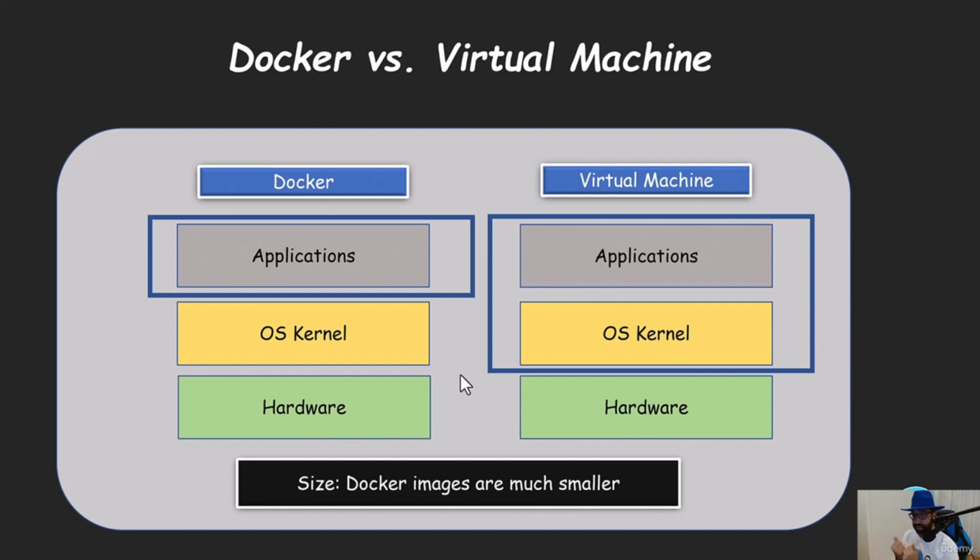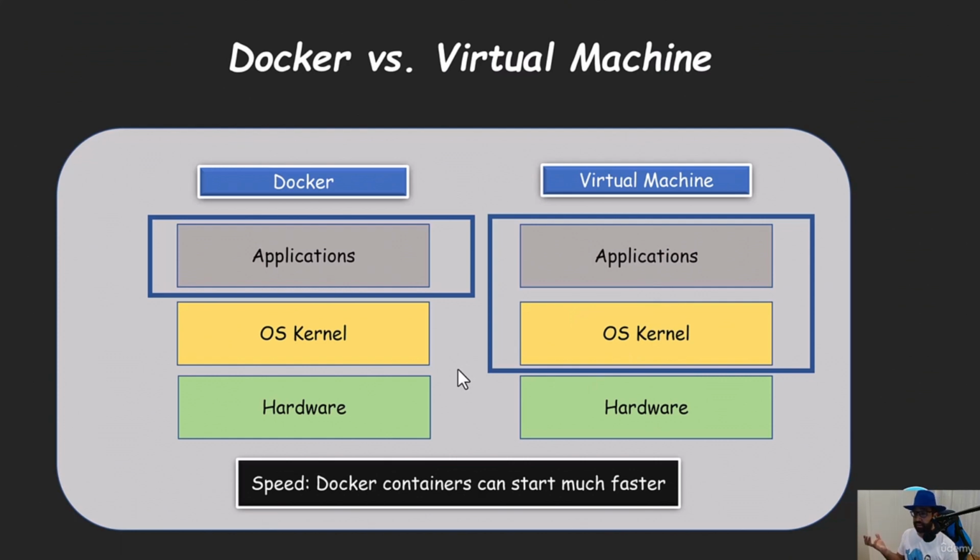It only uses the host kernel, but it does not virtualize the kernel itself. Okay, so that makes a Docker container, or Docker image, much smaller, and of course I'll explain the difference between an image and a container later. So that makes a Docker container much smaller than a virtual machine.